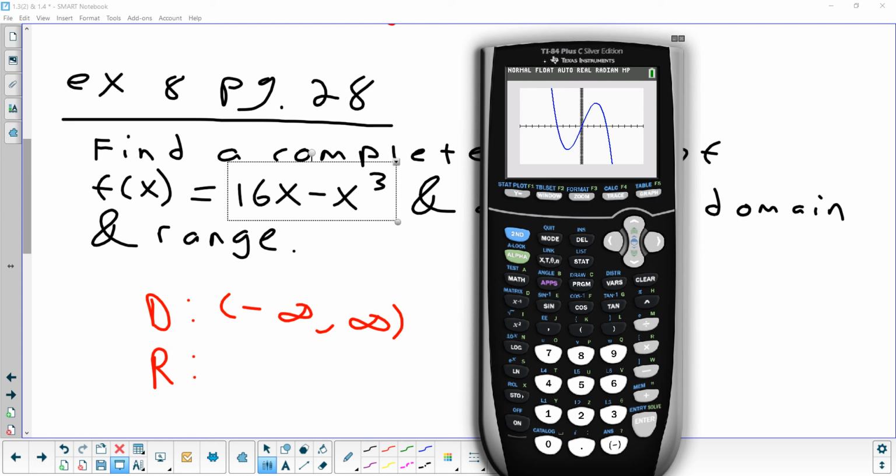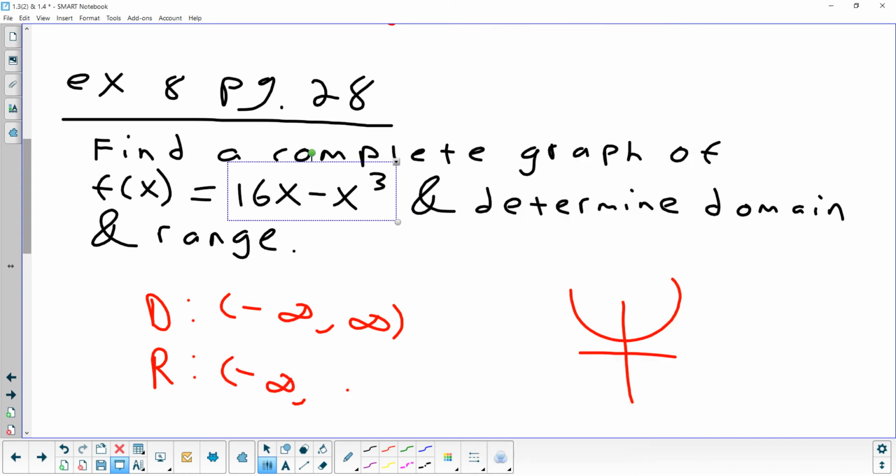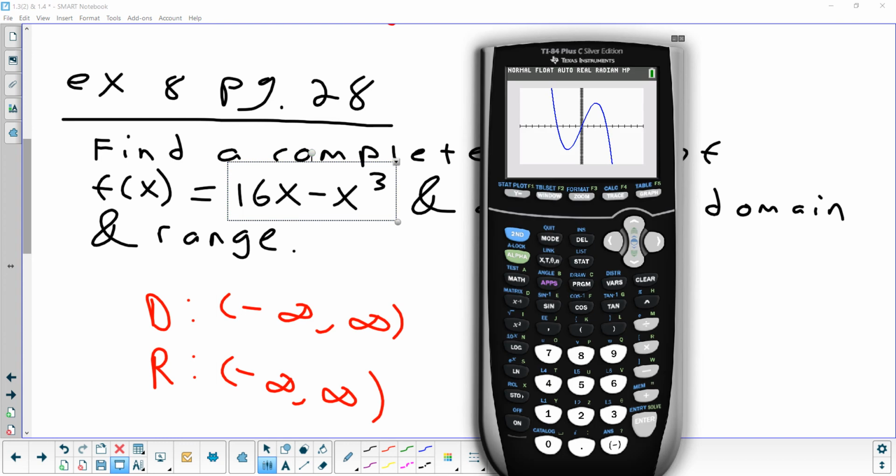I can see both turns, which means from here, that just continues down, and that just continues up forever. So what does it look like the range is in this one? Negative infinity to infinity, yes. If you weren't sure, you can zoom out even higher, but you're not going to see anything different that you're not already seeing. Negative 100 to 100, hit graph.